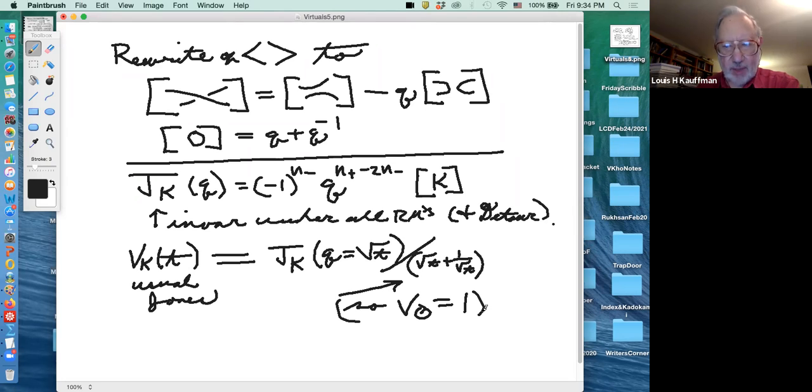Because the way we've defined this, the value on a single circle is q plus q inverse. So this is the translation to the Jones polynomial, if you care to worry about it particularly. So I'll call this the Jones polynomial, even though it's not the usual one.